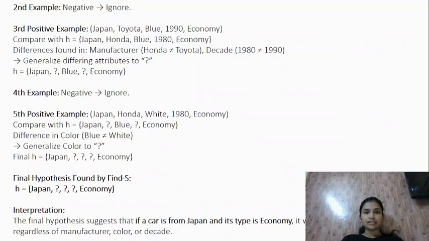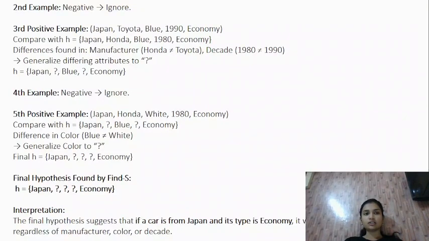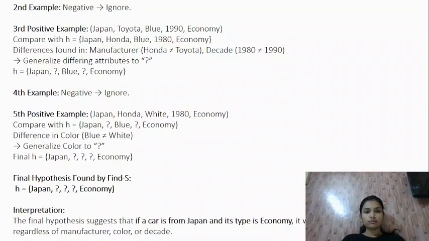Blue is the same. 1990, so the decade is also different, and type economy is the same. Okay, difference found in manufacturer. Honda and Toyota are mismatched, decade is mismatched, so generalize the differing attributes. Wherever we find the differences, we will just put a question mark there. Okay, now the fourth example is negative, so we will ignore it.